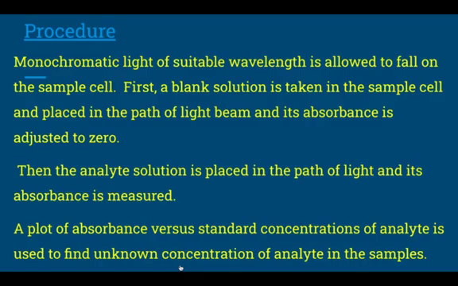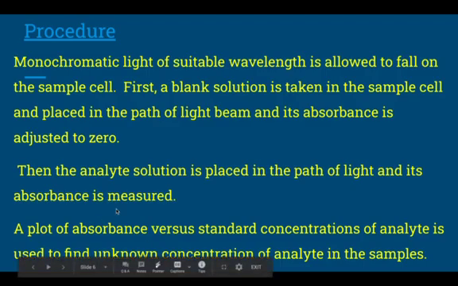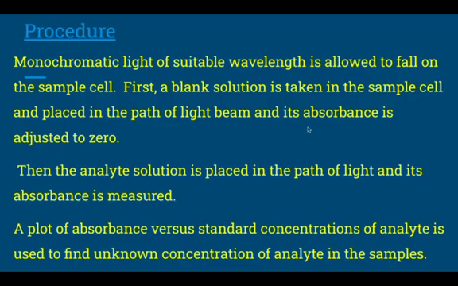Now the procedure. Monochromatic light, that means light of a specific wavelength, is allowed to fall on the sample cell. First we will prepare a blank solution. It will be taken in the sample cell and placed in the path of the light beam. Then its absorbance will be adjusted to 0. Now the analyte solutions will be placed in the path of the light and absorbance is measured.